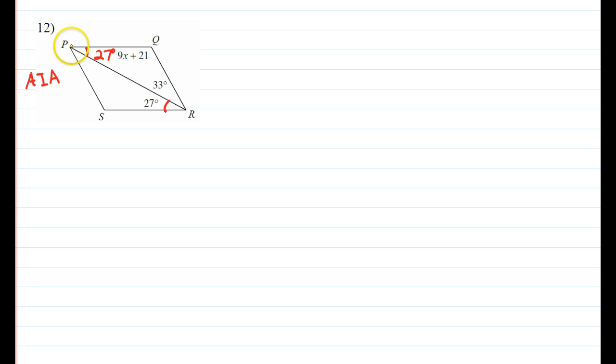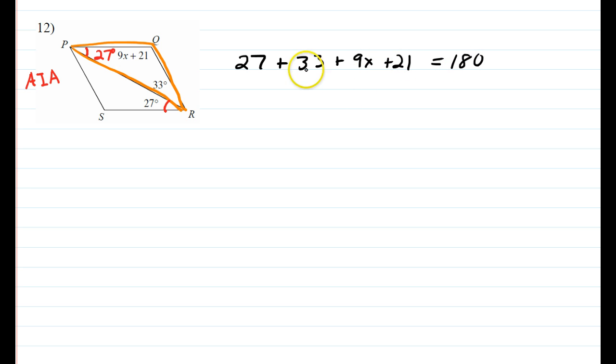And so now I have a triangle, and we know that the angles of a triangle always add up to 180 degrees. So just take that first angle, 27, the second angle of 33, plus our third angle of 9x plus 21, and we're going to make those equal to 180.